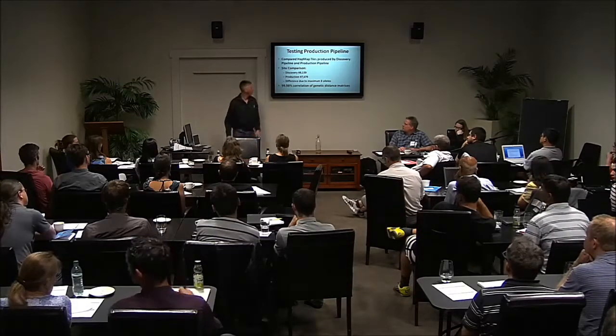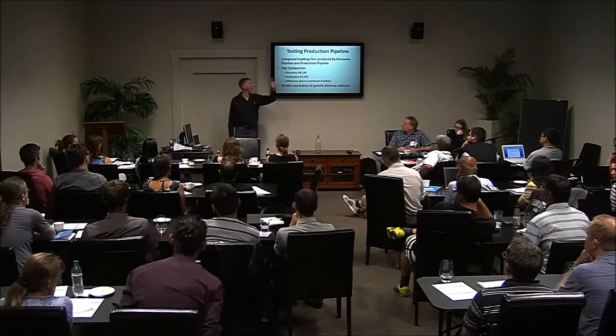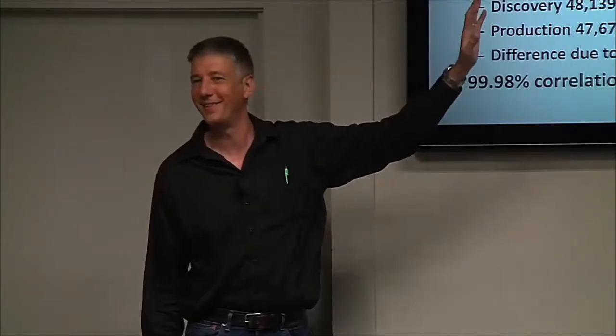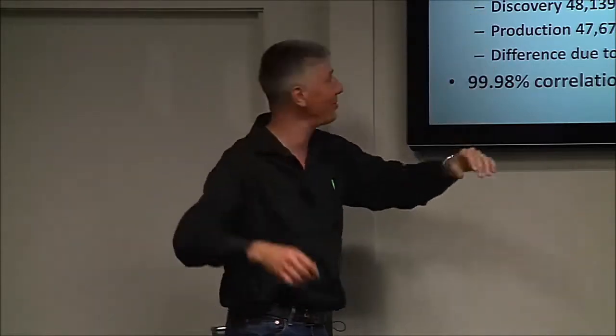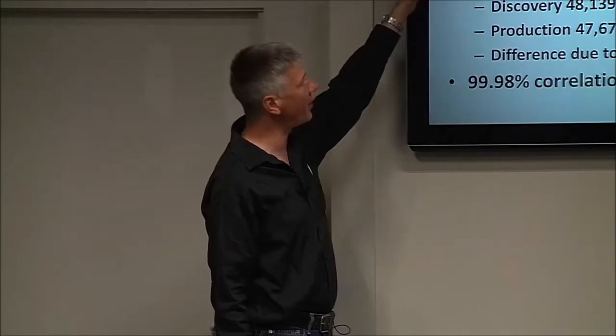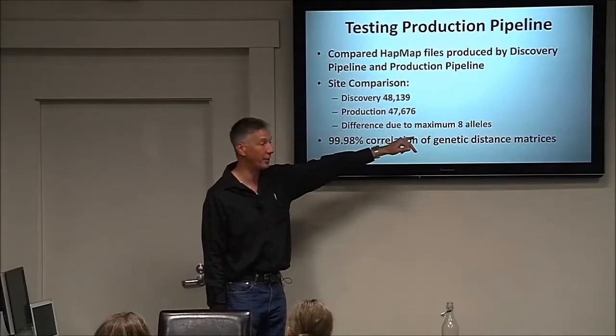So I've talked about testing, right? We tested this production pipeline. We didn't just say, oh, here, go use it. We compared hapmap files produced by the discovery pipeline and the production pipeline, and we did a site comparison. The discovery had 48,000, and production had 47,000, and this needs to be updated, because at the time, the TOPM could only hold 8 variants.